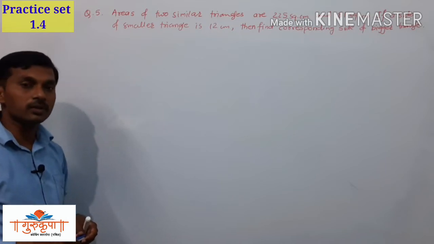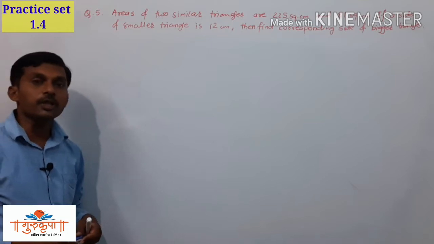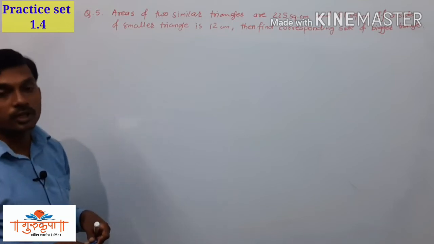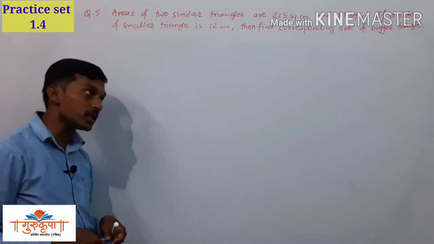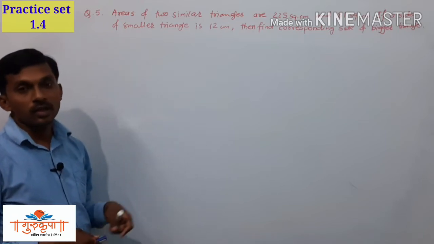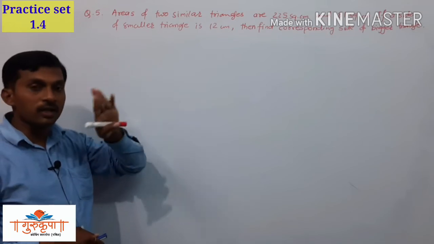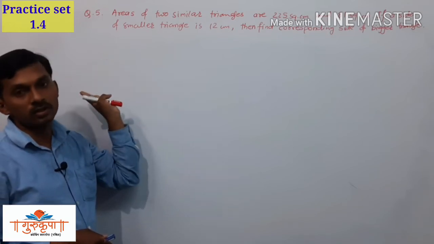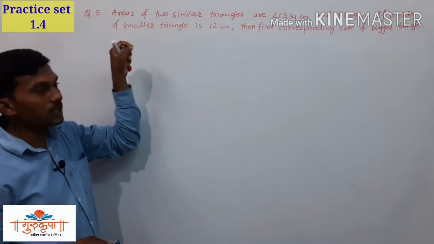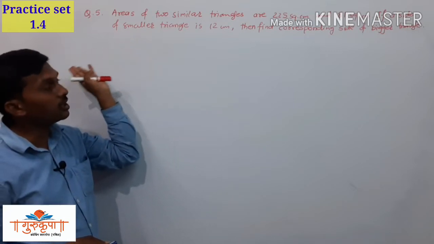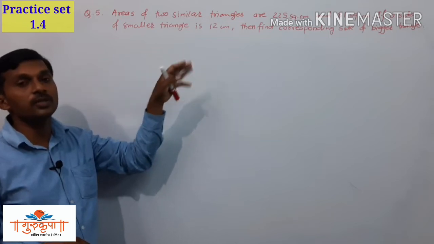Once again I am going to repeat that we studied 4 properties of the ratios of the areas of two triangles in the beginning of this lesson. In these 4 properties, the triangles are not similar to each other. And at the end of this lesson on similarity, we studied the theorem of the areas of two similar triangles.